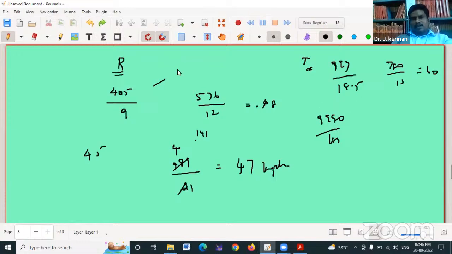So R and T only increase, but which vehicle increases more is what we need to find.